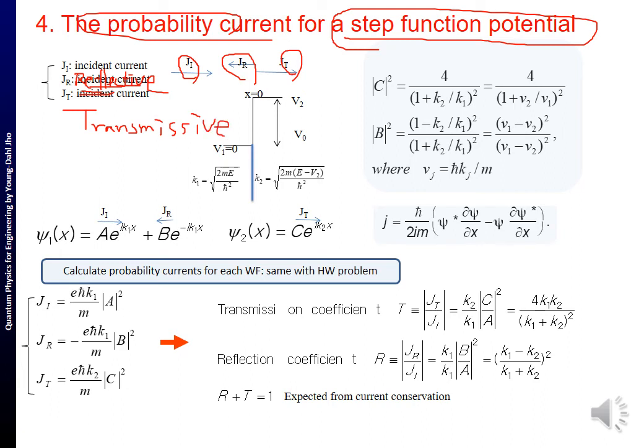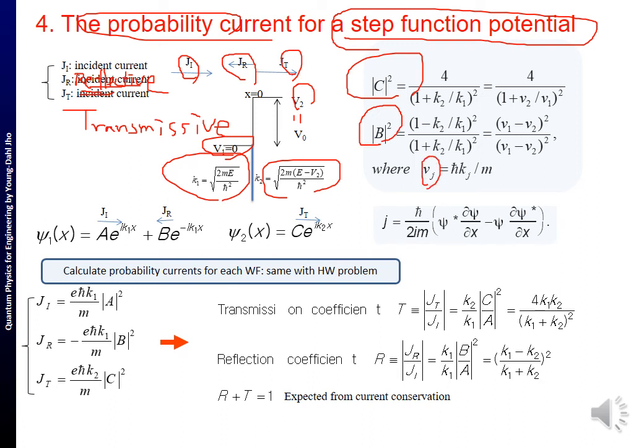Okay, so same problem we have. Then k1, k2 is set to be like that. Potential was 0 in region 1, potential is V2, or to make it simple we use V0 if necessary, in region 2. Then previously we calculated C squared, B squared. Here v_j is h bar k_j over m, and this is the velocity in region j.